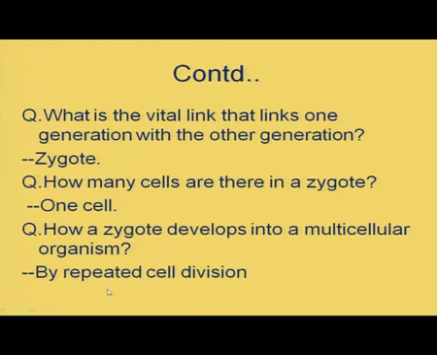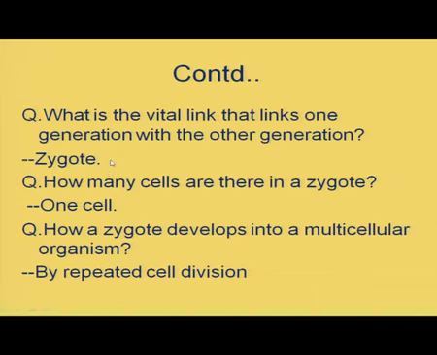You know, for linking one generation to another generation, there needs to be a single cellular and diploid structure, and that will act as a vital link. So, what is that vital link that links one generation with the other generation?